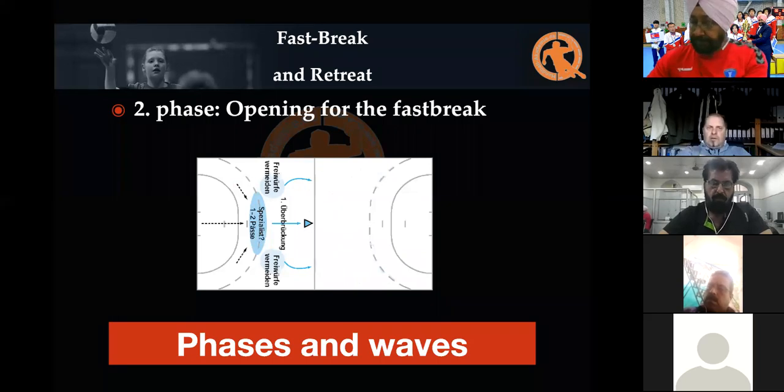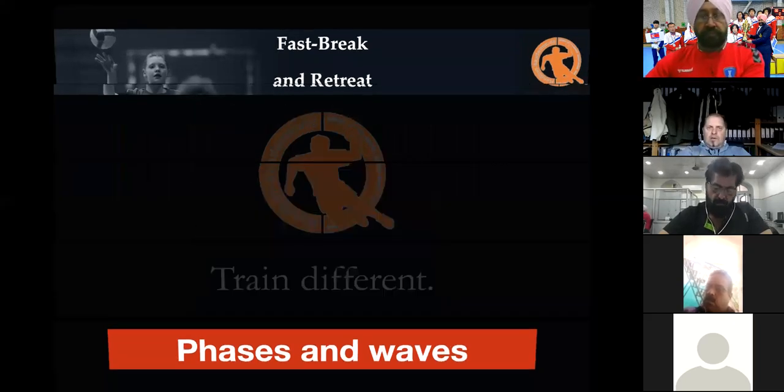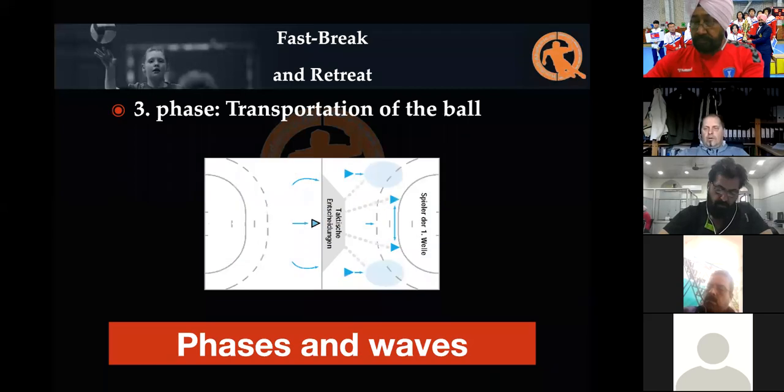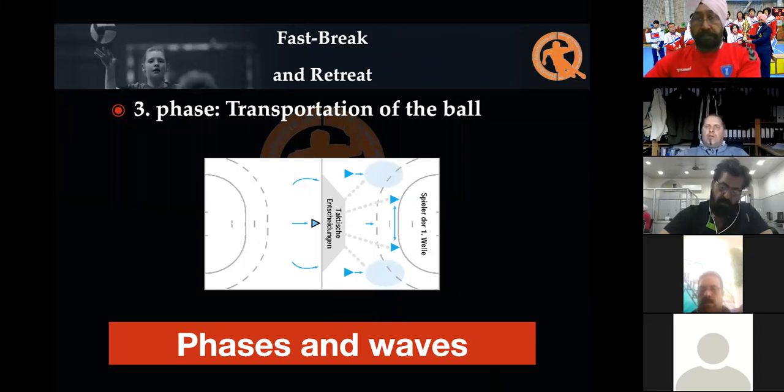Phase number 3, we have the transportation of the ball over the court. So maybe in the straight way, maybe going around the defense, then crossing the center line, the players come to this area here. And this area is the area for the tactical decision, where to finalize the fast break.